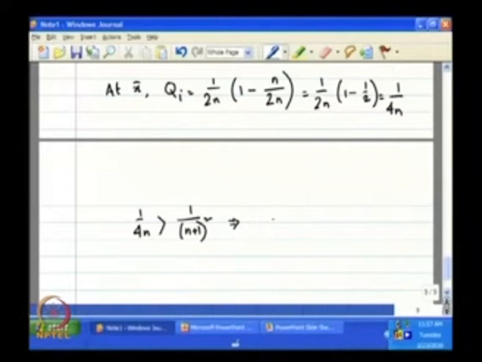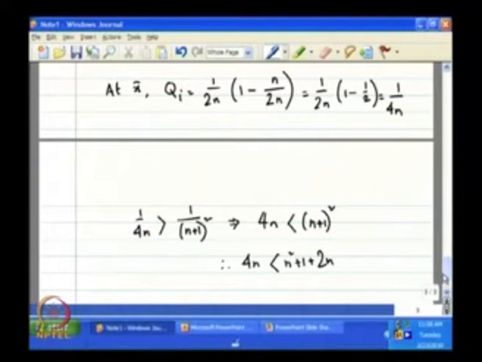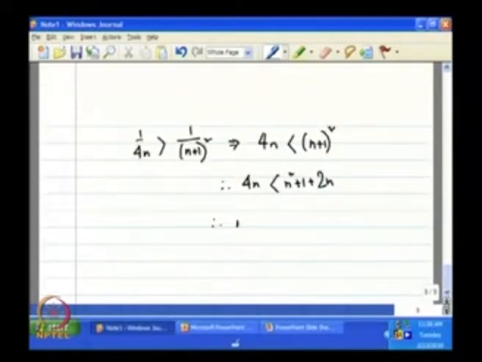Let us see. If this is true, then it must happen that 4n is less than (n plus 1) whole square. So, this is greater than 0, which again is true because n is greater than 1.